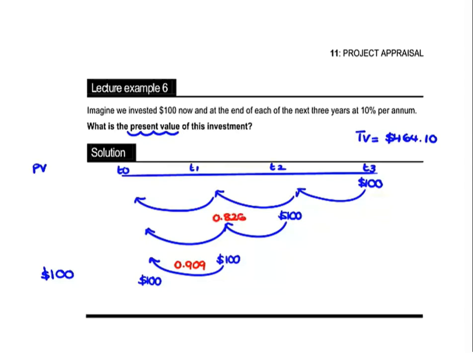The $100 that was invested at the end of the second year needs to be multiplied by the 2 year discount factor, and the $100 that was invested at the end of the third year needs to be multiplied by the 3 year discount factor.